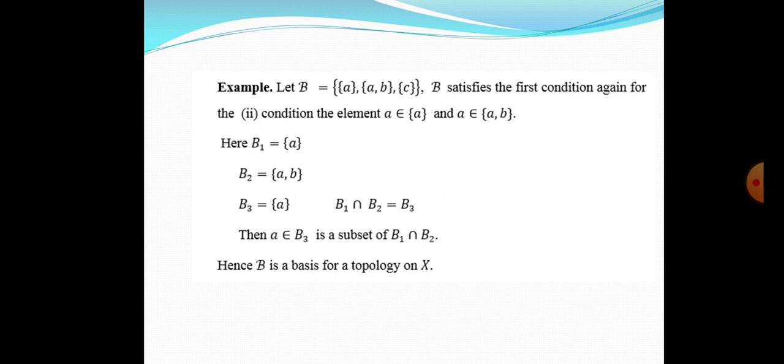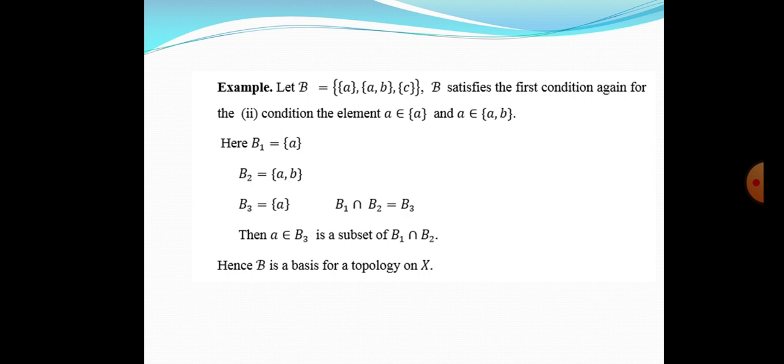Hence these two conditions are satisfied, because that b3 is a subset of b1 intersection b2, because b3 equal to a. So here b1 intersection b2 equal to b3.